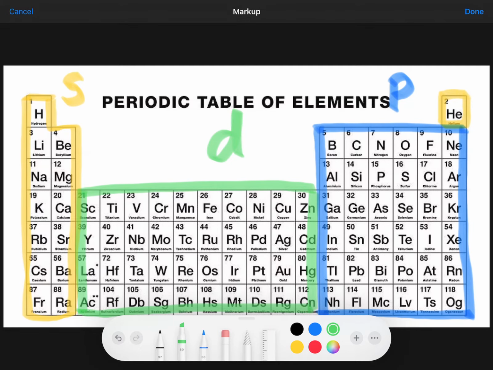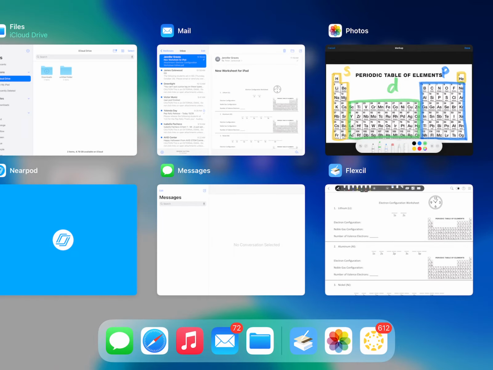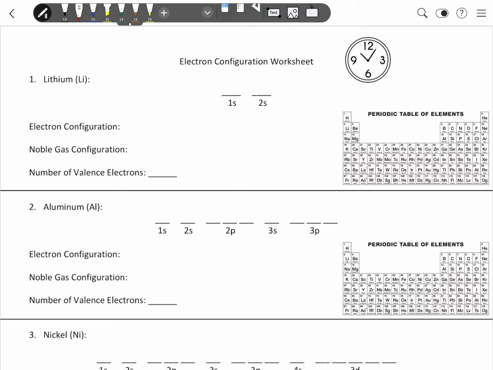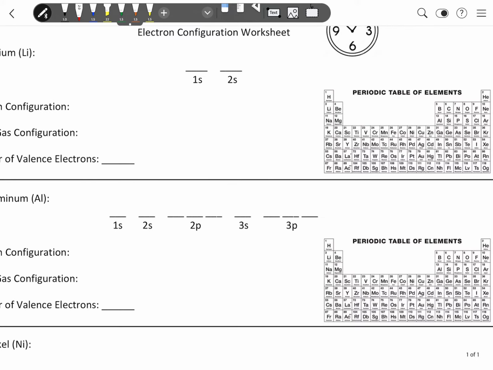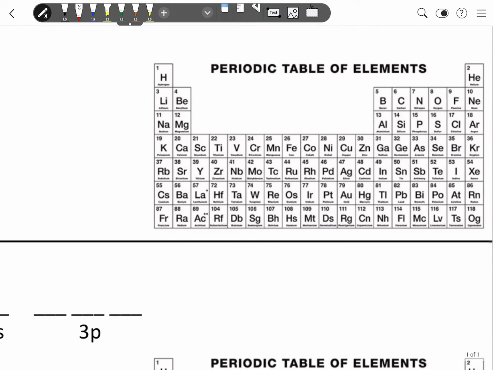Okay, so these 3 orbitals you're going to have to know for orbital diagrams and also the electron configuration. So here is the worksheet you have. I added some stuff to it. I have a periodic table on every single problem. Just to remind you, I'm going to redraw these orbital blocks.